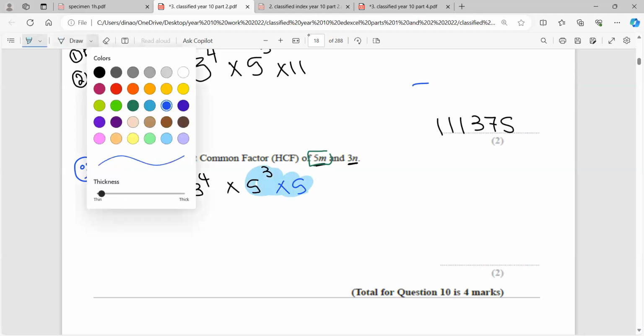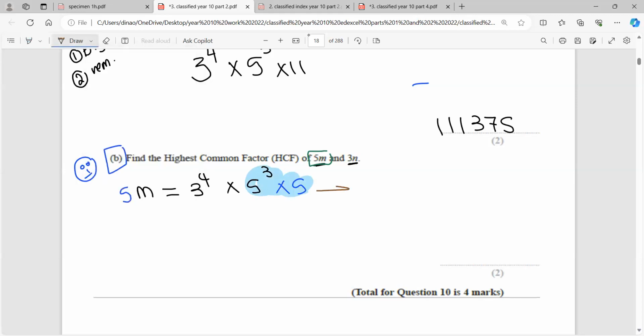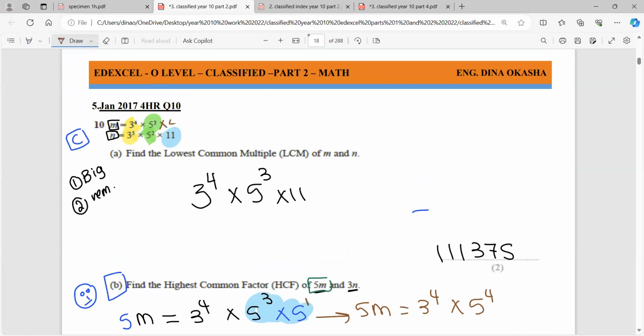Yes, of course. So this changes into 5m equals 3 power 4 times 5 power 1 and 5 power 3, which combine into 5 power 4. So I multiplied by 5 and combined these two together, and that's it.